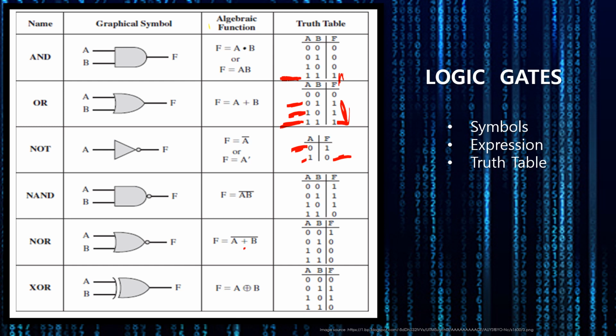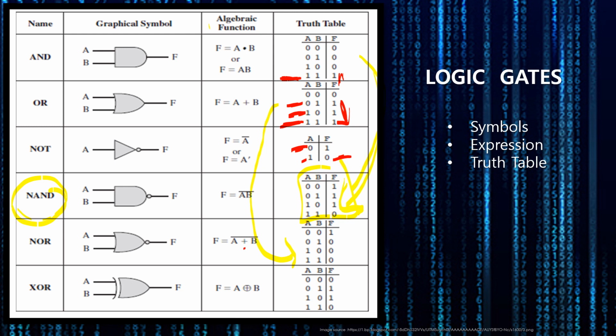Now, as we know, the NAND gate is an inverse of AND. See the truth table, from AND to NAND. The NAND truth table is completely inverse of the AND truth table, and in a similar way the NOR truth table is completely inverse of the OR truth table.